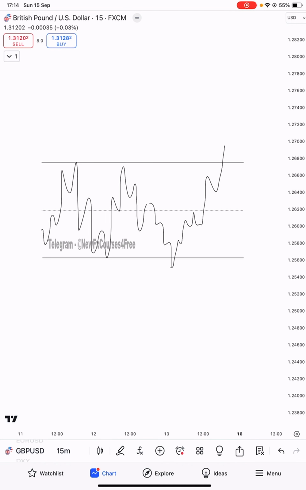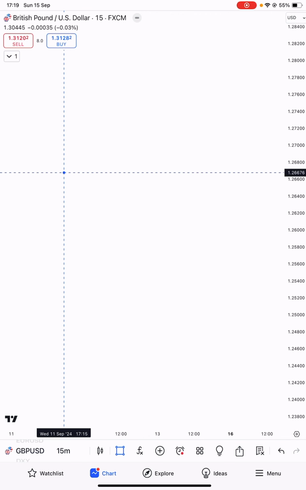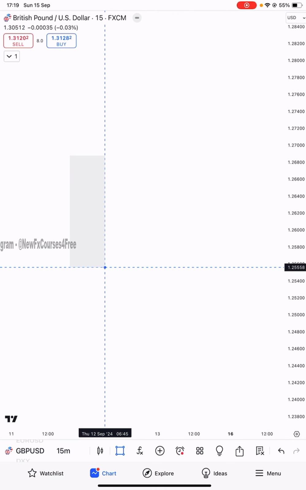Then the other one, that gives you more setups, not every week but most of the week, is the classic Monday range model. So we have monthly candle.